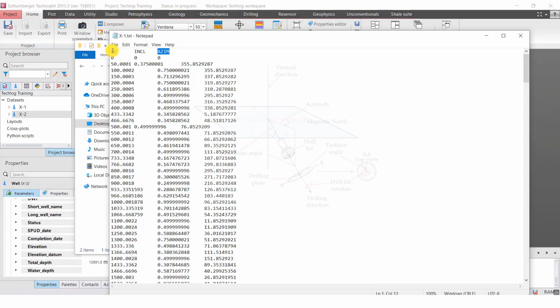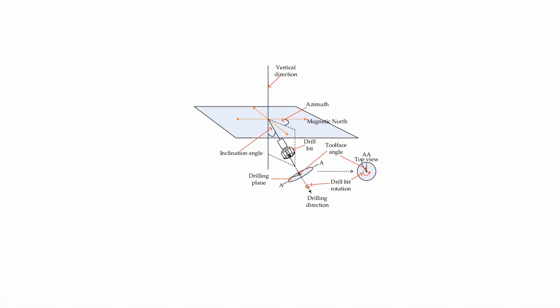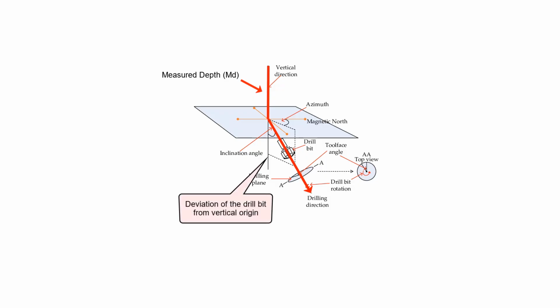Now, let's take a look at this image to further explain the deviation survey data. The measured depth is the length of the well bore measured along its length. And the inclination is the deviation from the vertical direction of the well. The value of inclination is between 0 to 180 degrees.